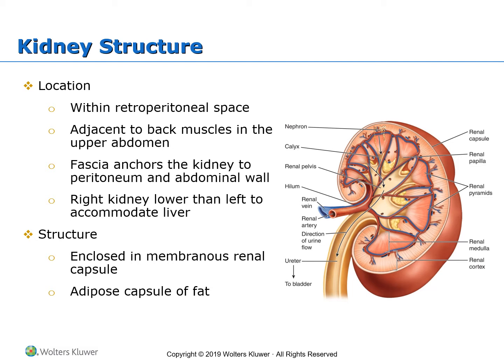There is an outermost layer of fascia that anchors the kidney to the peritoneum and the abdominal wall and keeps it in place in addition to this fat.